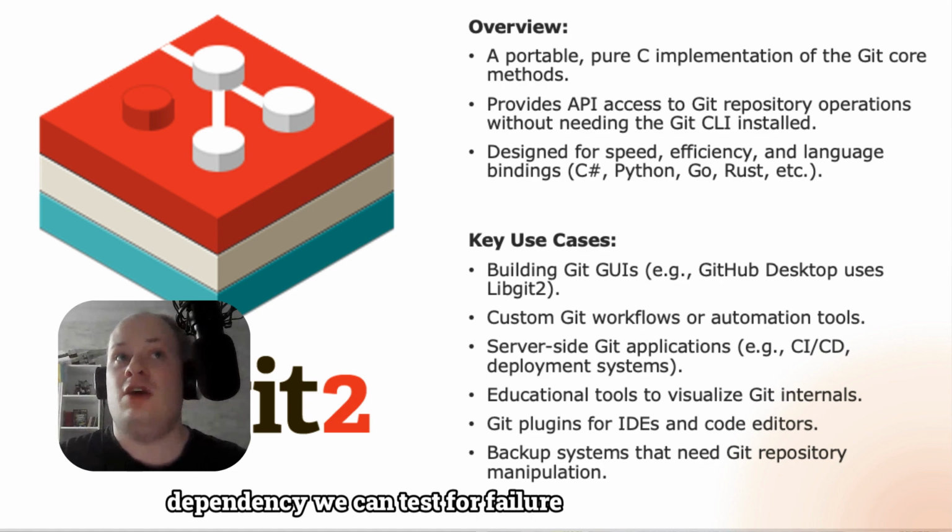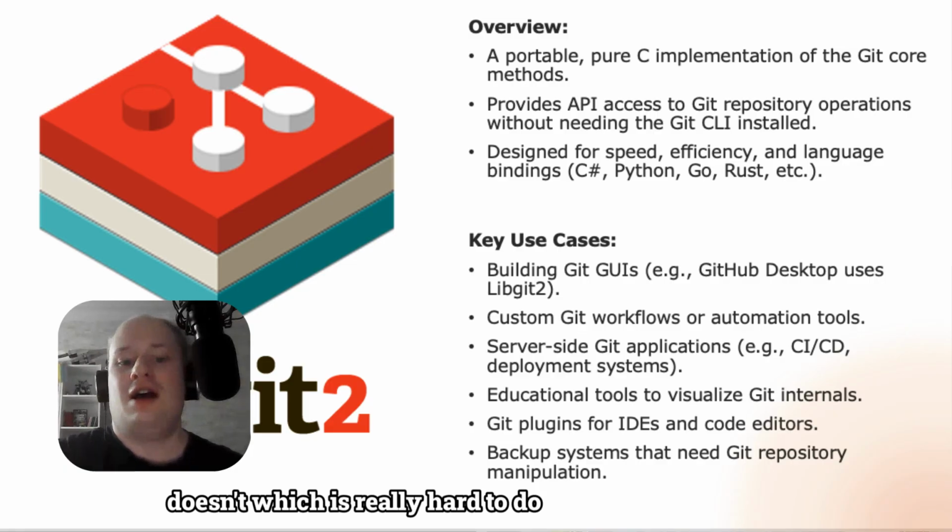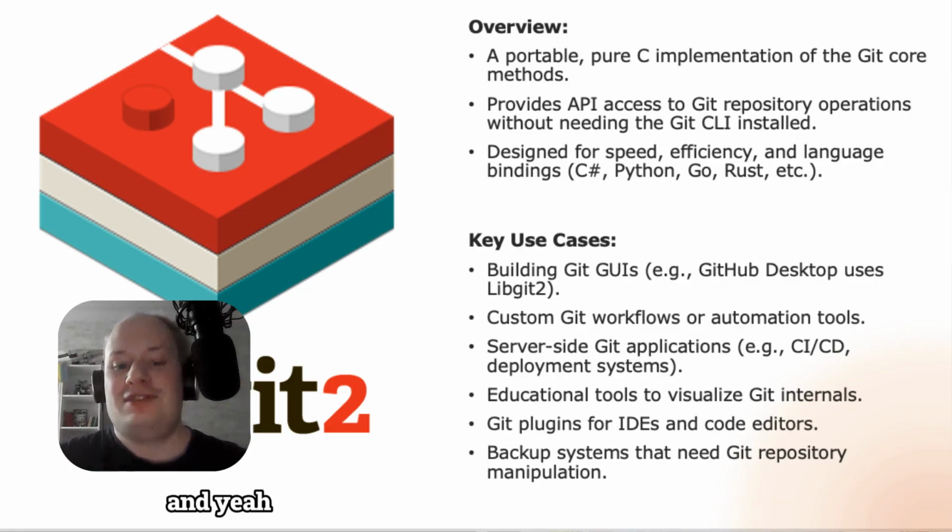We can test for failure by simulating a runtime that can fail while still getting results when it doesn't, which is really hard to do with regular testing. You mentioned memory safety.